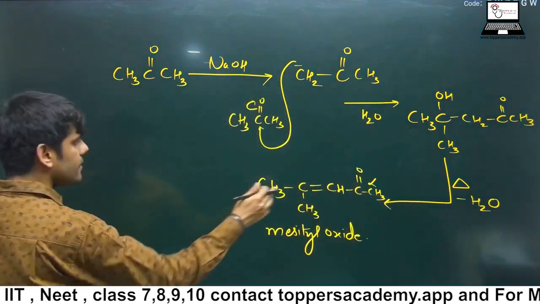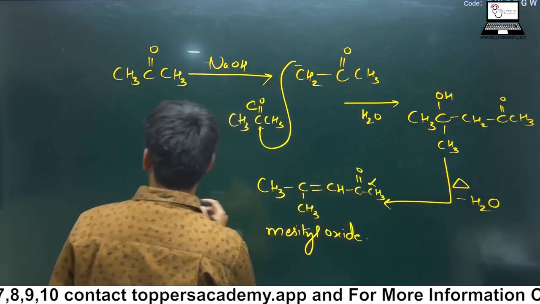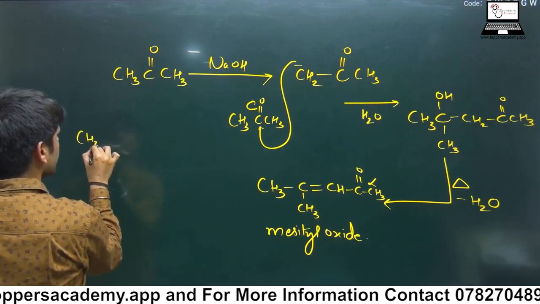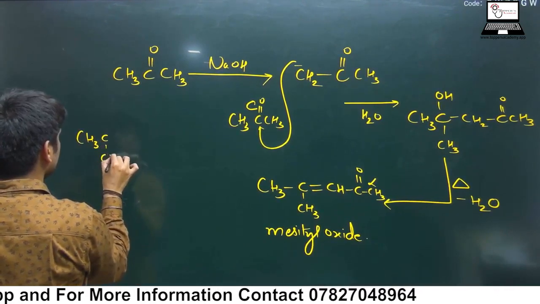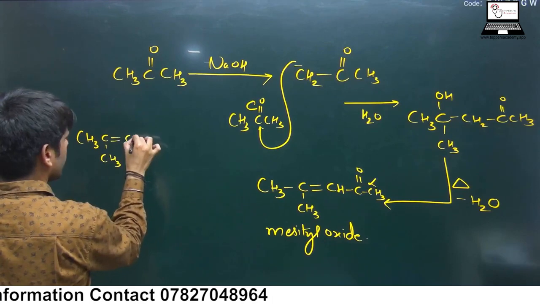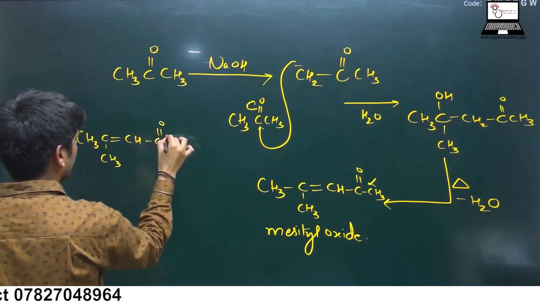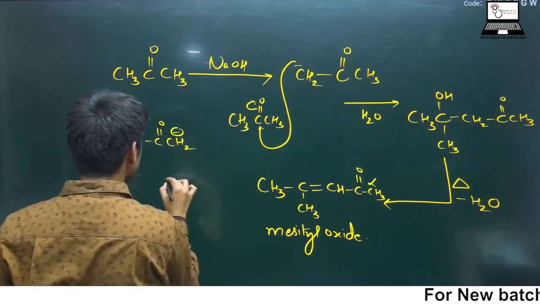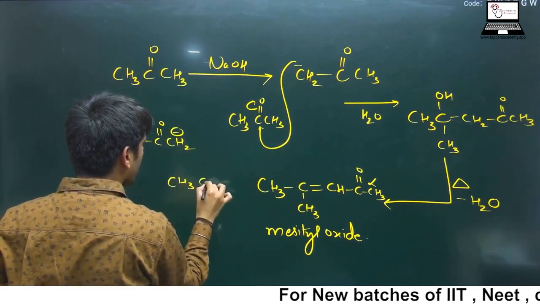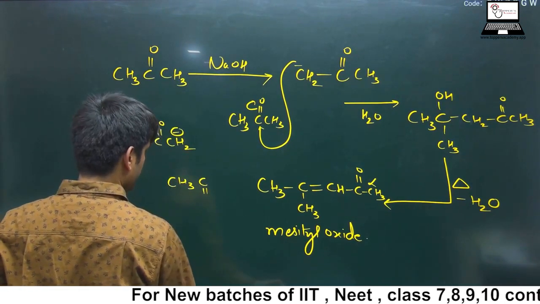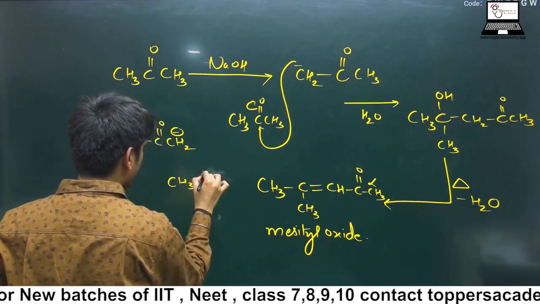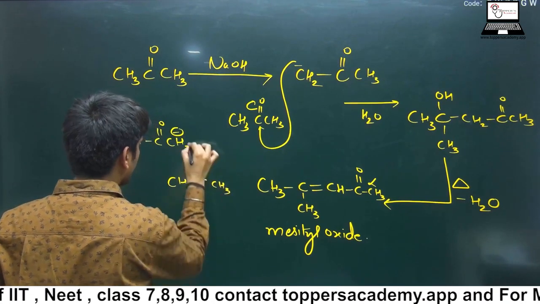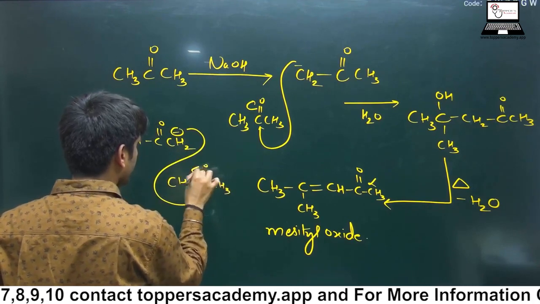So I have this mesityl oxide like this. If I form the carbanion of mesityl oxide and I have another molecule of acetone, this will react here.